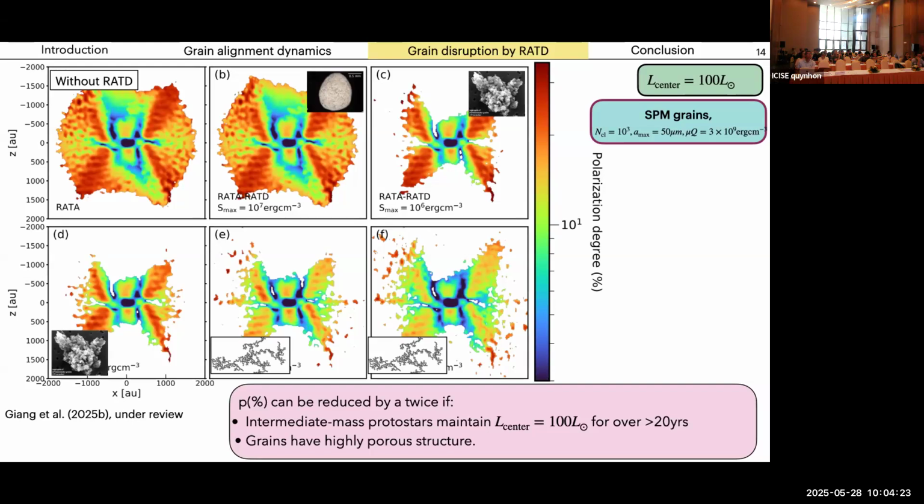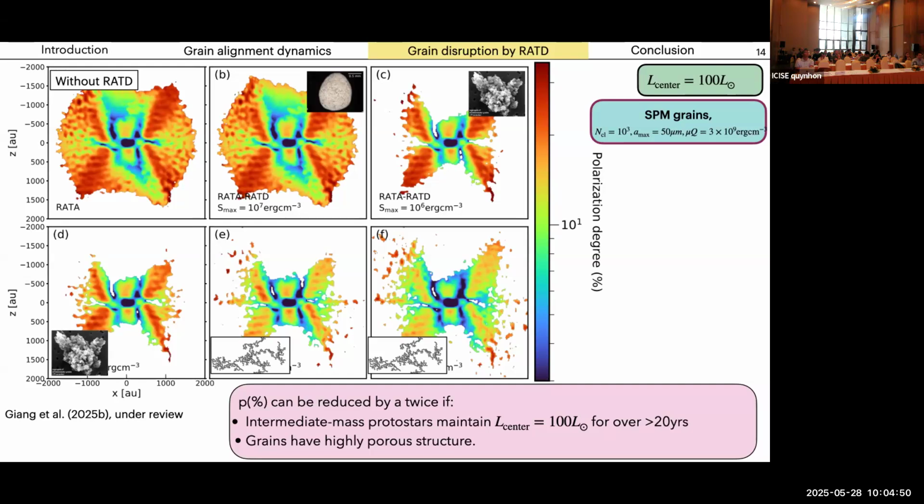But in contrast, if grains have a highly porous structure, dust grains are destroyed by RAT not only inside the outflow cavities, but also along the outflow cavity wall and in the envelopes. So RAT is strong enough to destroy very large grains with the porous structure. And as a result, we see the polarization fractions along the outflow cavity wall reduce from 30% to around 10% because of the effect of RAT.